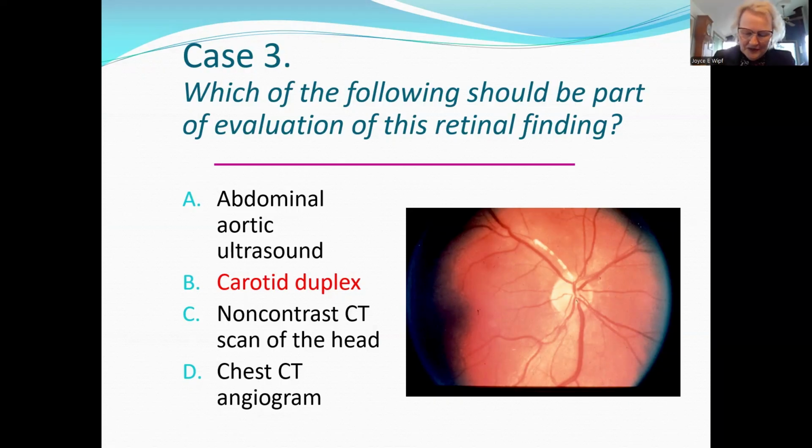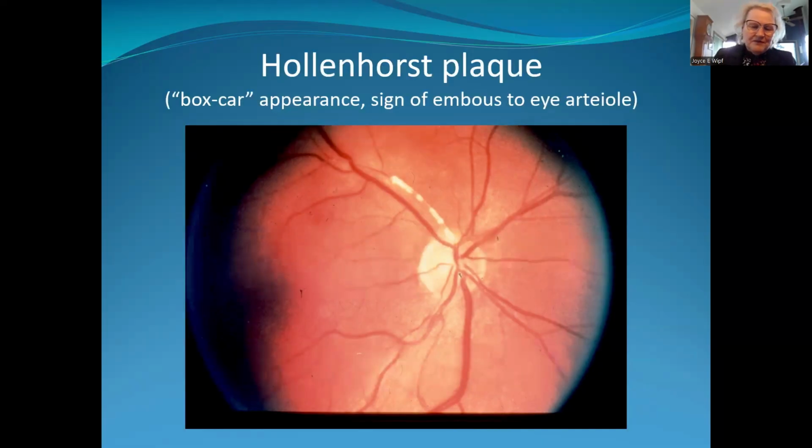You may recall that when you have emboli in the ophthalmic vessels, this is called a Hollenhorst plaque. This boxcar appearance occurs as the embolus moves along; they will ultimately break up. Sometimes as they break up, there can be hemorrhage in that area, but it's a sign of embolus to the eye arteriole.